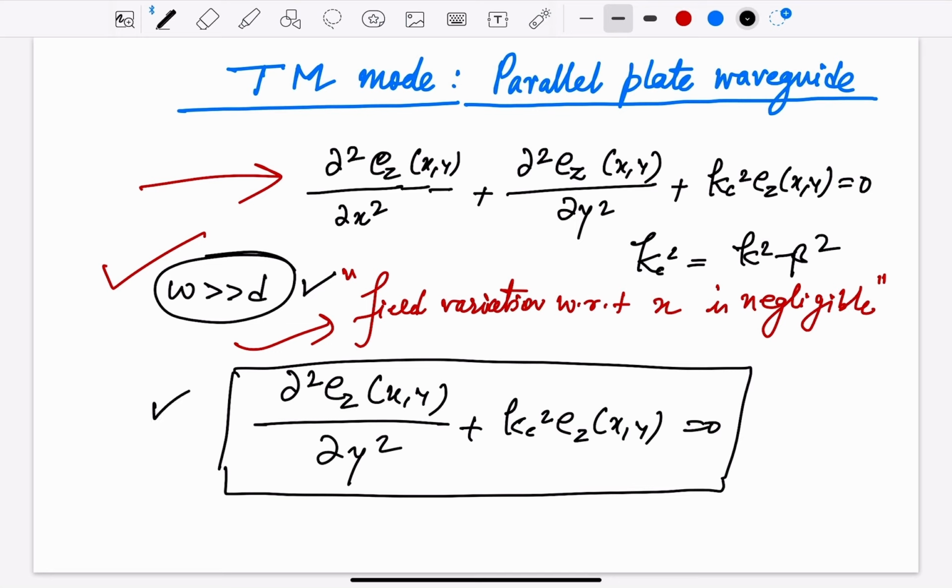Let me take a new page here. Let us write down the complete field equation for the Ez component.